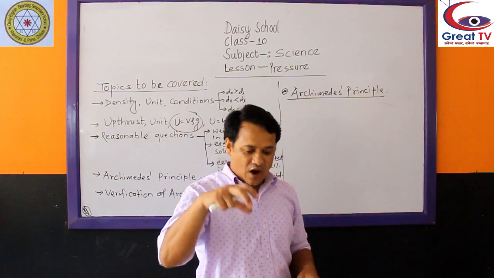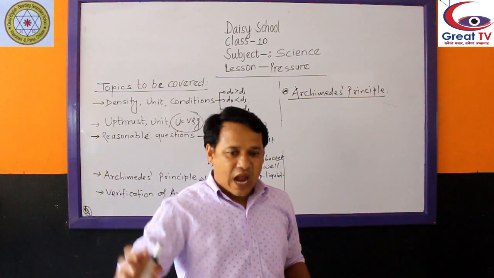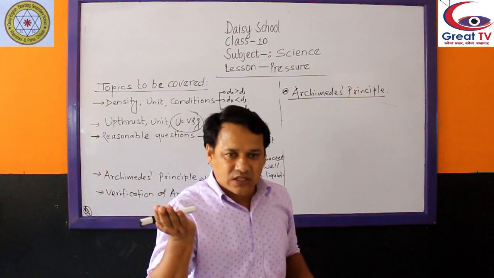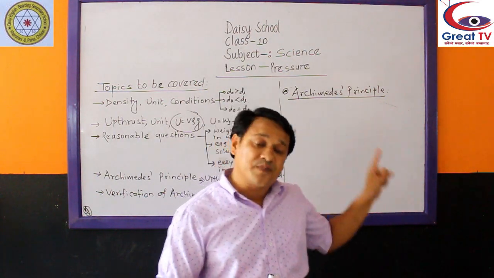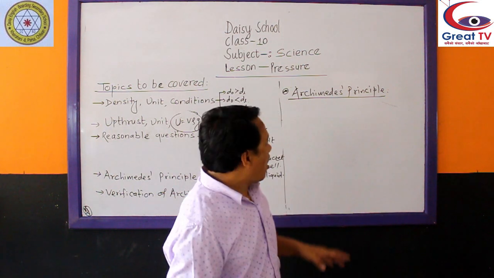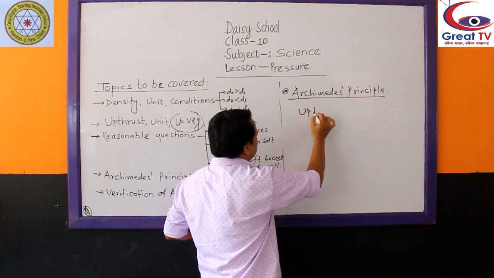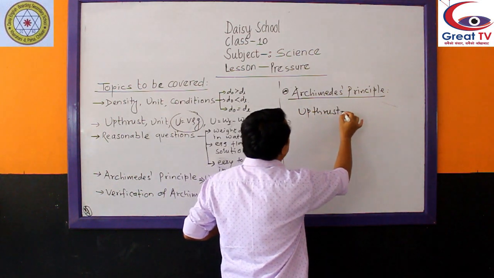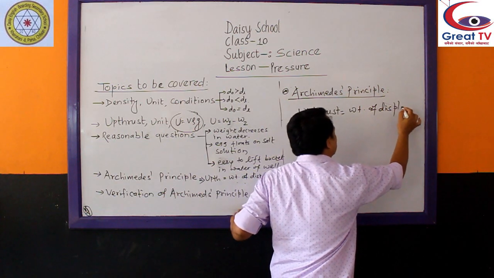After keeping the object in water, it displaces some water, and the weight of displaced water and the upthrust given by the liquid on that object are equal. So, to remember the Archimedes principle: upthrust equals weight of displaced liquid.